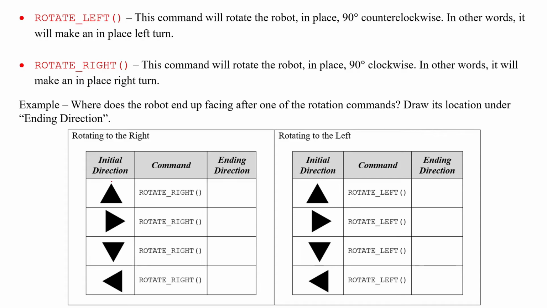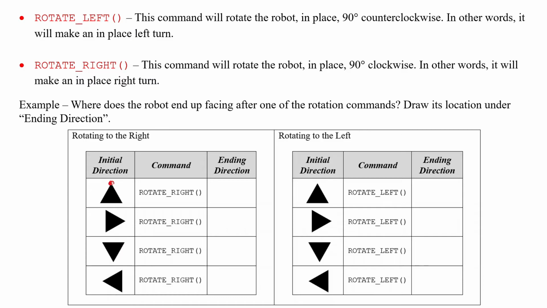Okay? So if this was the initial direction, I am facing up on the paper, right? I'm looking at my screen. It is facing in the upwards direction. If I give the command rotate right, okay, actually, that's misleading. Let me erase that real quick. I don't want to draw the grid on it.